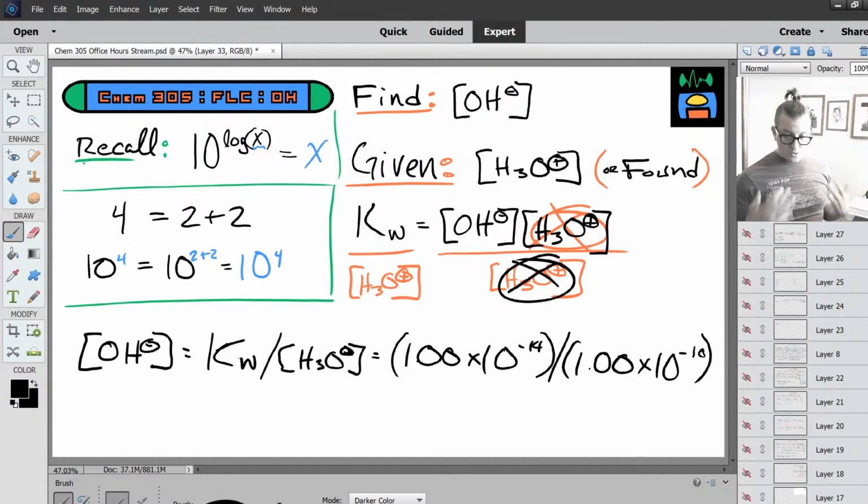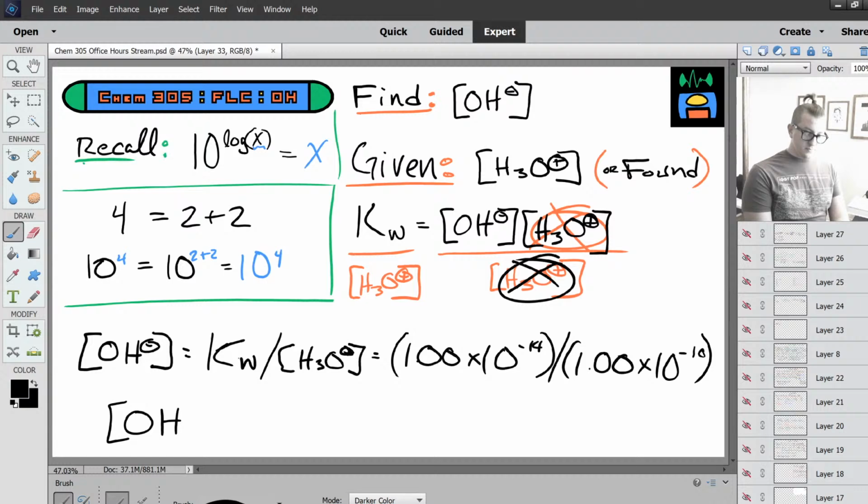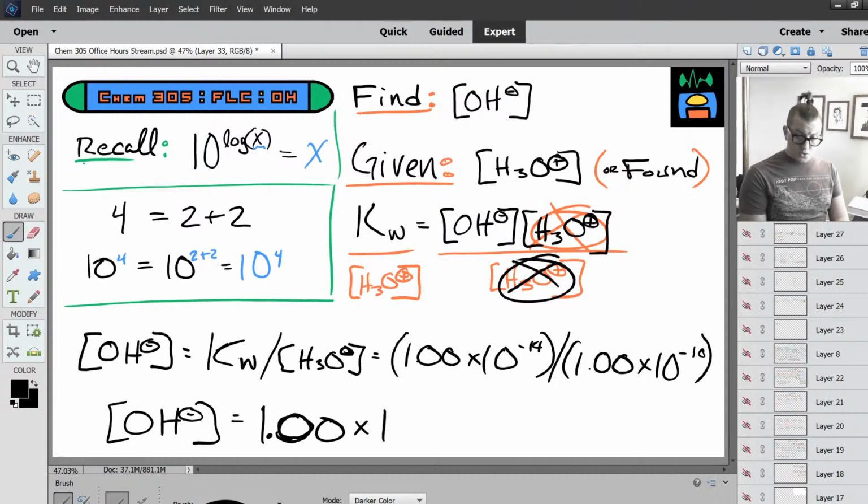Now we can crunch our numbers. We'll get a molarity of hydroxide that is 1.00 times 10 to the negative 4.